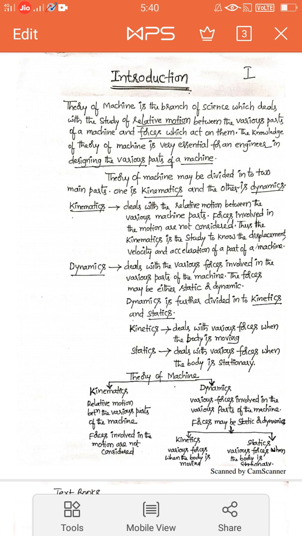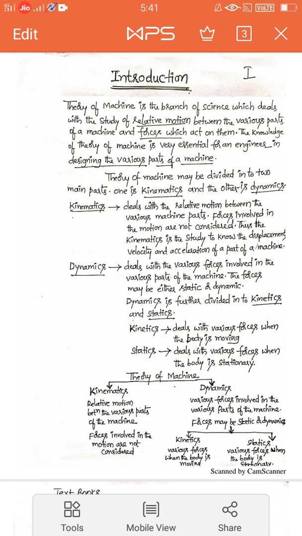In module 1, we just discuss the simple definitions like what is a machine, what is a mechanism, what is a structure, what is the difference between machine and mechanism, what is the difference between machine and structure, and what is a link, what are the different types of link, what is a joint, what are the different types of joints, what is a pair, and what are the different types of pairs, what is a chain, and what are the different types of kinematic chain.